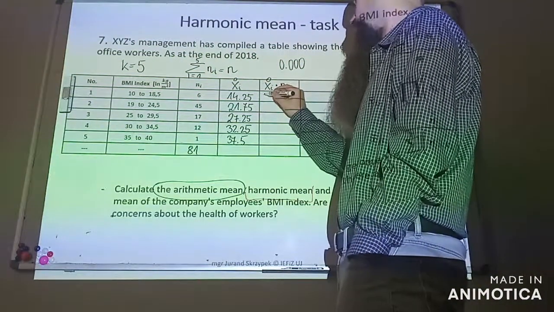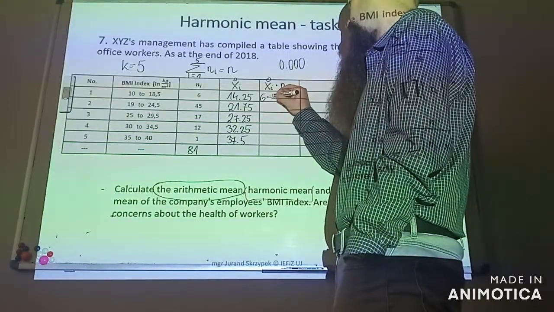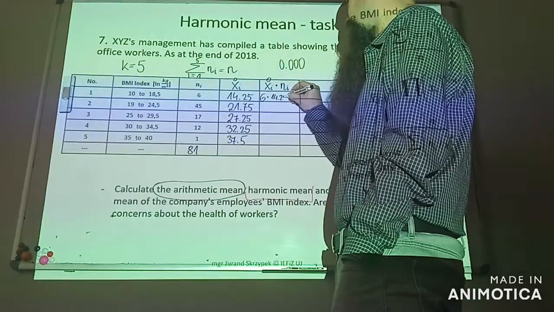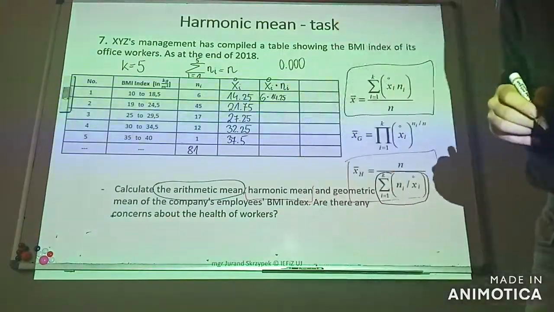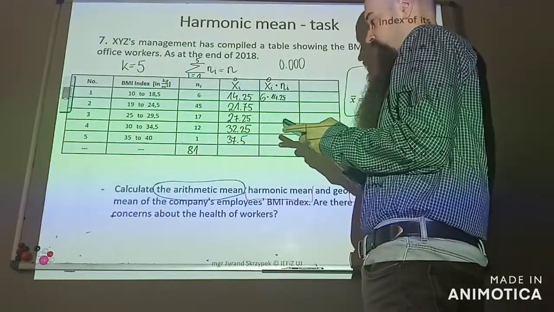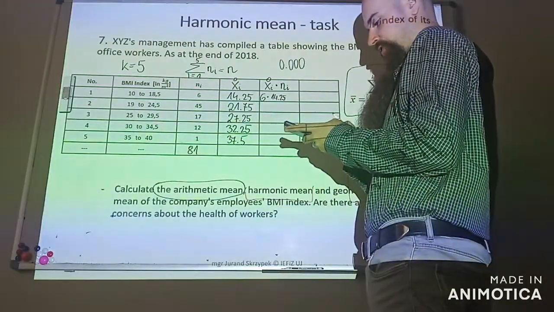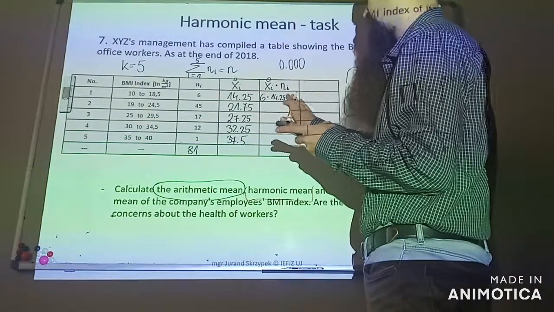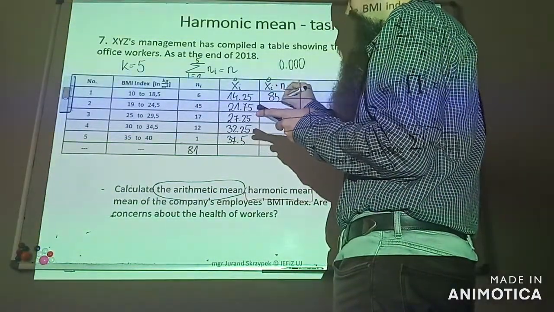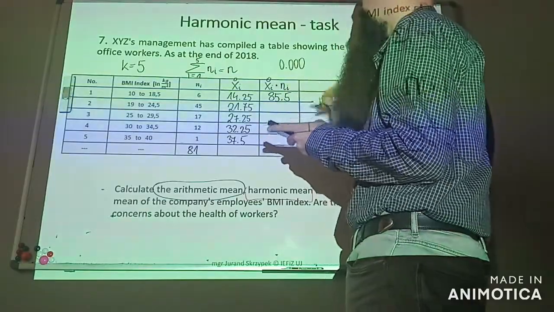So here we have what? 6 times 14.25. The result is 85.5.